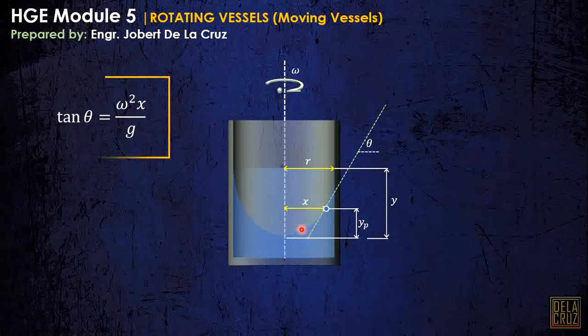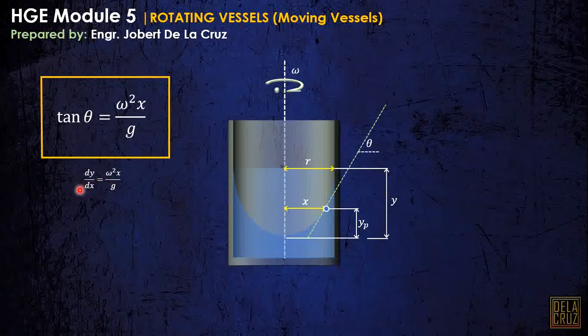Now, if we will differentiate this one, take note that tangent of theta is the slope. We can rewrite this one as dy over dx equals omega squared times x over the gravity. Slope, the tangent of theta, if you remember, no?